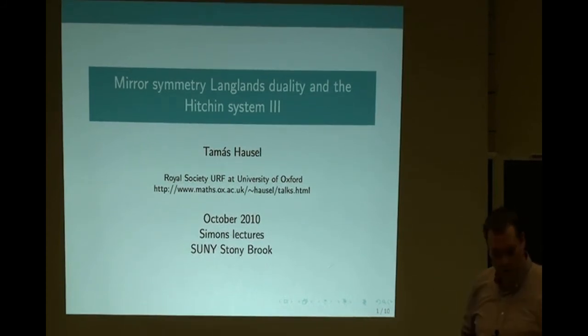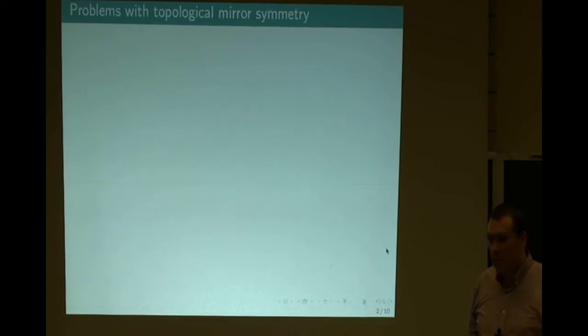What we are interested in are these topological mirror tests, the agreement of certain Hodge numbers of first moduli space of Higgs bundles, the Hitchin systems, and in the other case, these character varieties. And then I will list three problems which have been bugging this project from the beginning, in fact. And then today I will offer a solution to these problems.